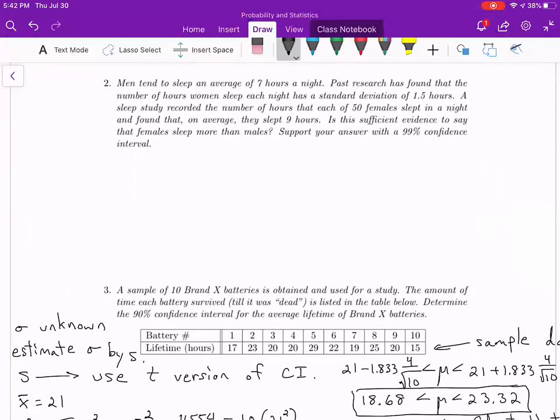A sleep study recorded the number of hours that each of 50 females slept in a night, and found that on average, they slept 9 hours. Is this sufficient evidence to say that females sleep more than males? Support your answer with a 99% confidence interval.